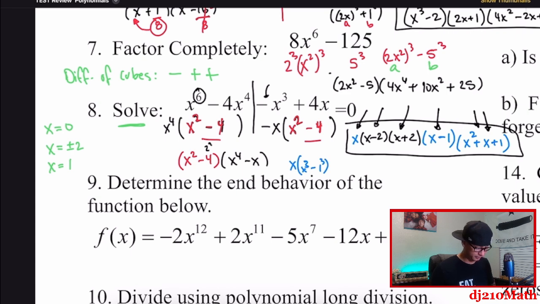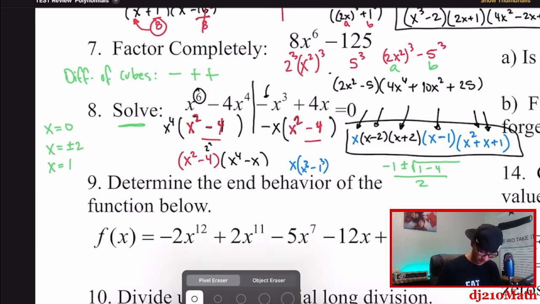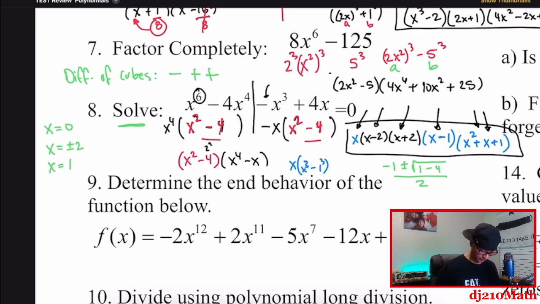And now we need to figure out, because we need to solve it, right? So this quadratic that I said would be complex, we definitely have to factor this, and it's going to be the quadratic formula. So minus b, which is -1, plus or minus the square root of 1 squared, which is 1, minus 4 times a times c. Both of those are 1. All over 2 times a. Okay, so simplifying this is going to be -1 plus or minus the square root of 1 minus 4, which is -3.